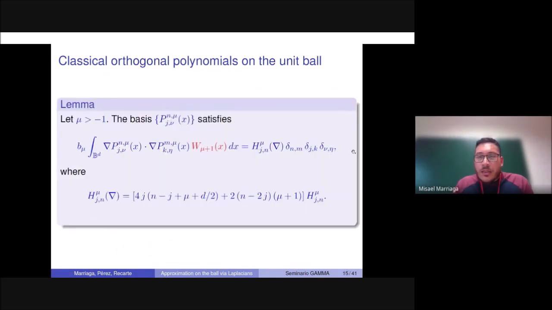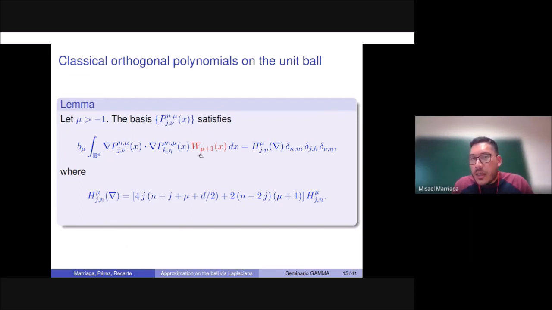One property that is satisfied by the classical orthogonal polynomials on the ball is that they also satisfy a second orthogonality relation. In this case, I can say that the gradients of these polynomials satisfy this orthogonality relation with respect to this weight function, where the parameter is not mu.